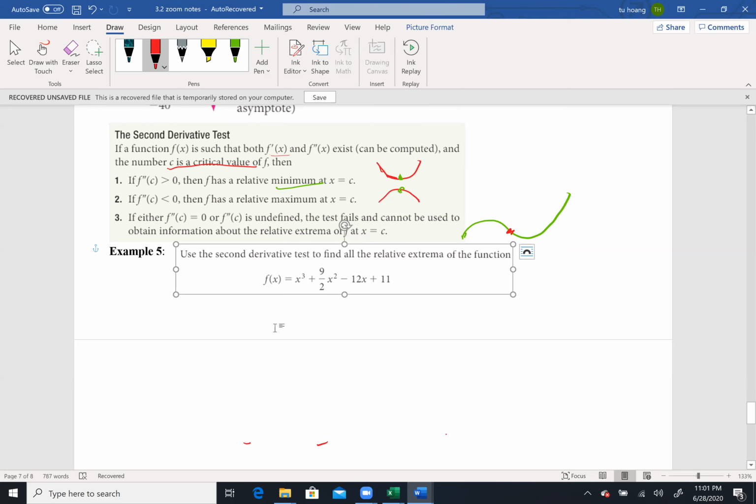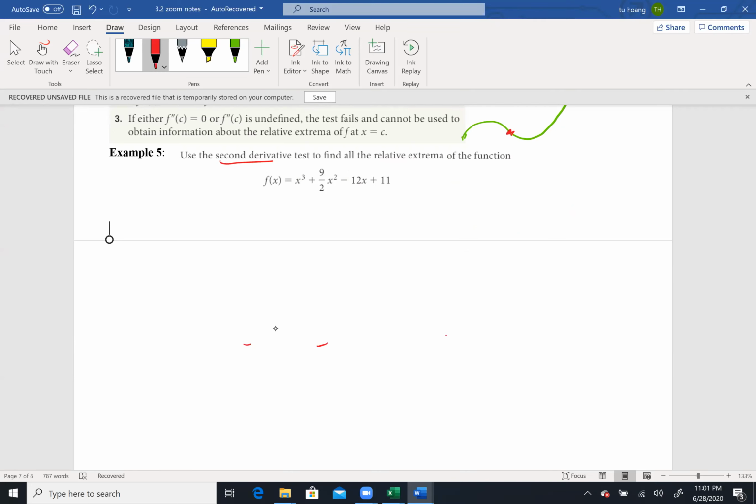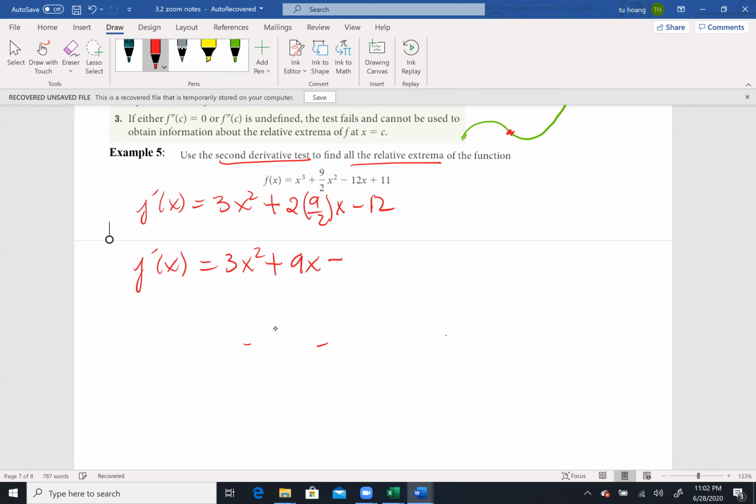You know what? I will just go over a little bit because this is like using the second derivative test to find the relative maxima. So I'm gonna go over this. Firstly, you need to find the f derivative of x. In this case, you have 3x squared plus 9x minus 12.